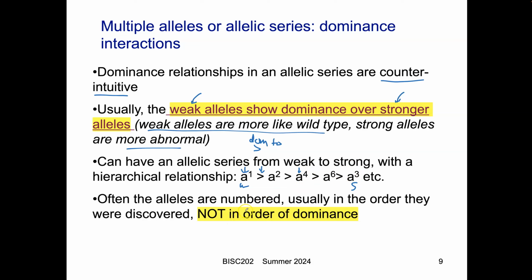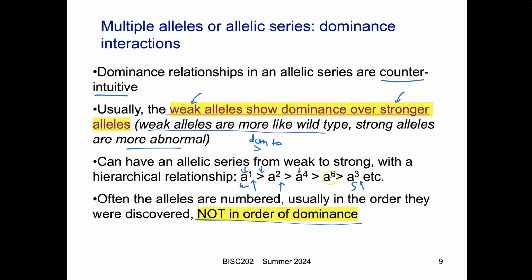Some other things to think about: sometimes these superscripts are just letters, and I'm going to show you a couple of examples of those in the next prep. But also note that the allele numbers are generally listed in the order in which they were discovered or characterized, and so it doesn't have anything to do with their dominance. So A1 isn't always dominant over everything else.